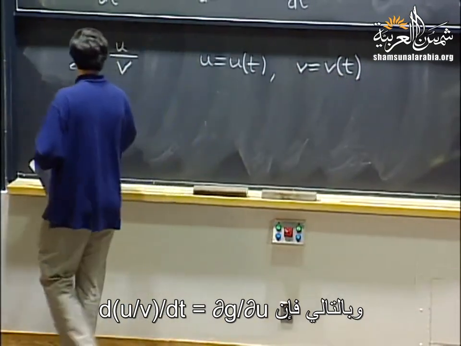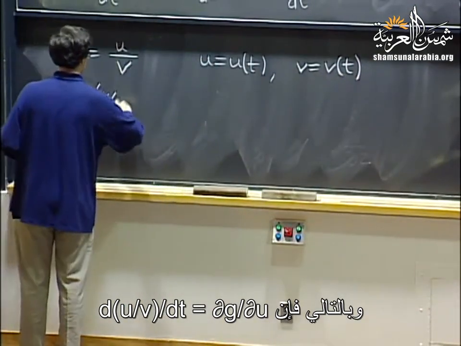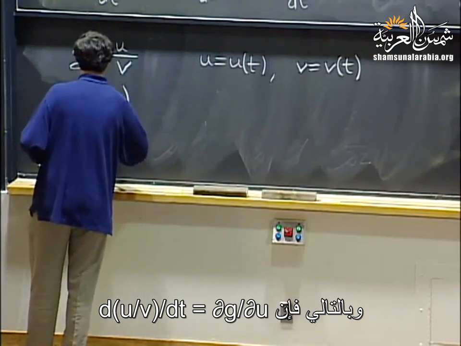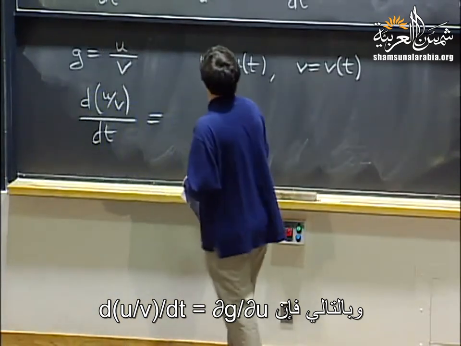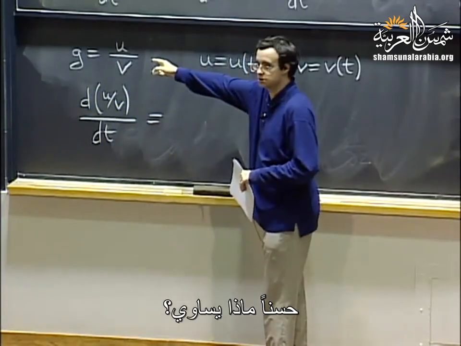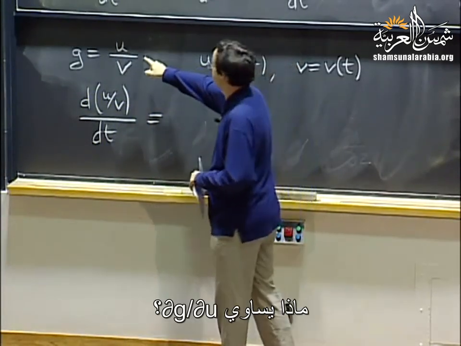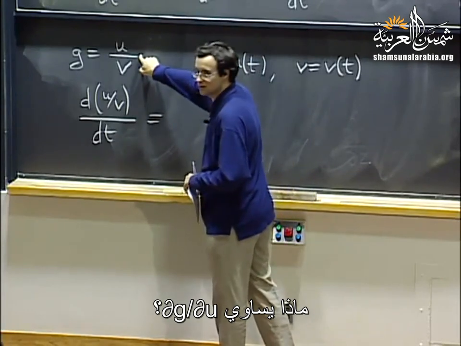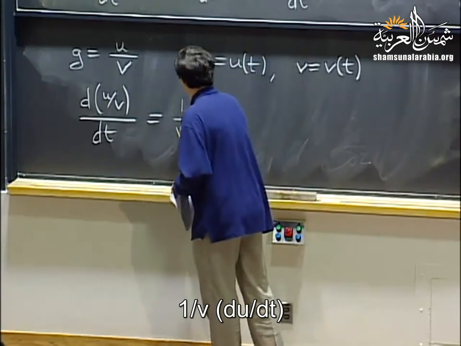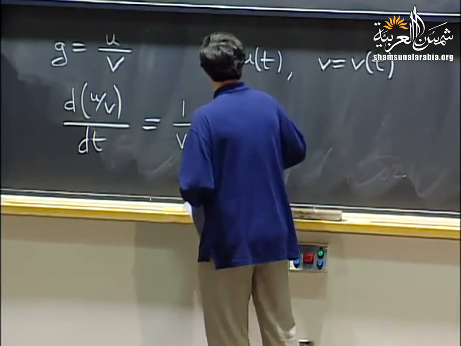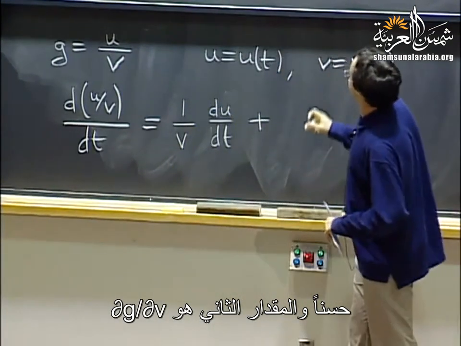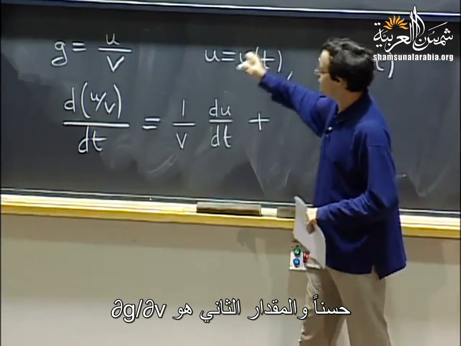Then dg dt is going to be partial g partial u. How much is that? 1 over v, times du dt, plus, next we need partial g over partial v.